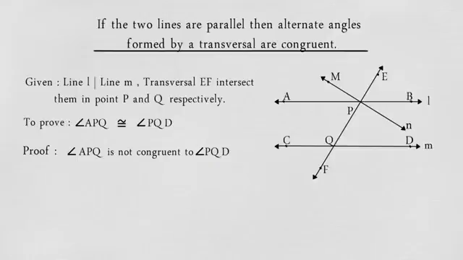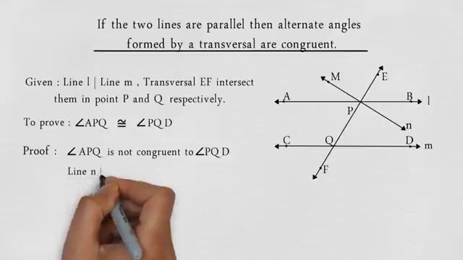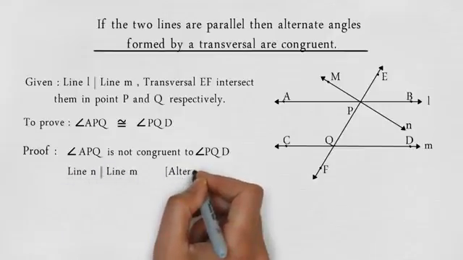Then, according to the alternate angles test, draw a line N passing through point P such that angle MPQ is congruent to angle PQD.